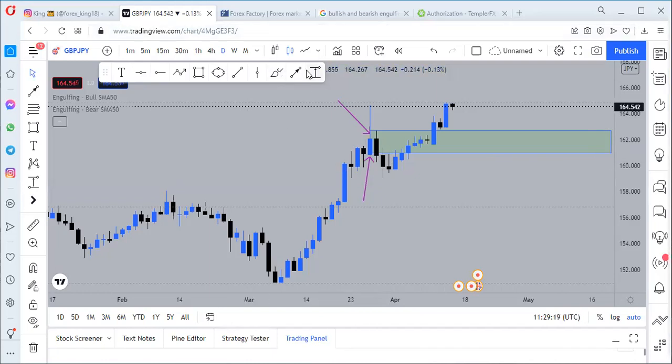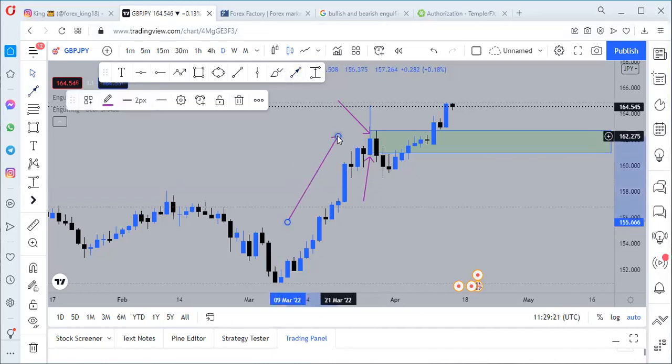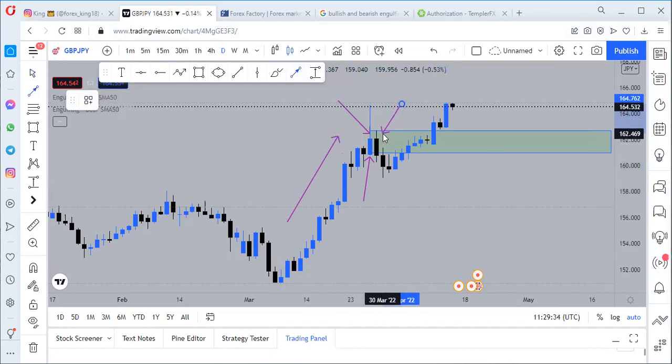First of all, if you look at the momentum from here to there, the momentum is big. The downtrend was still strong. So if I'm expecting the market to change direction completely, sellers should come with very strong confirmation, such as bearish engulfing.